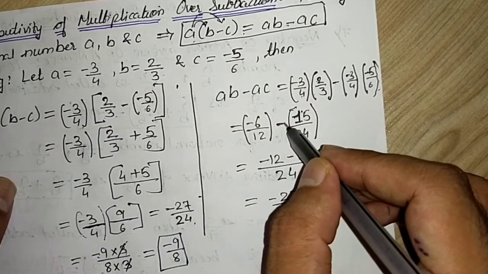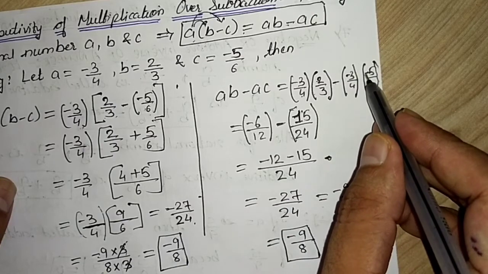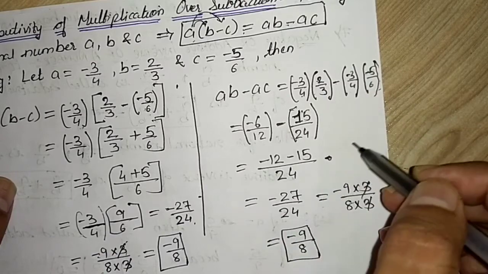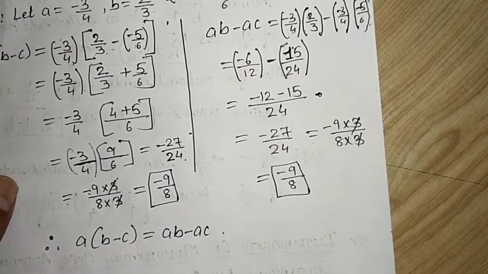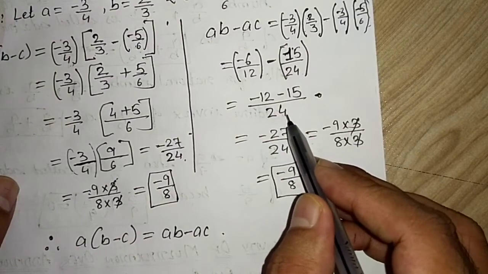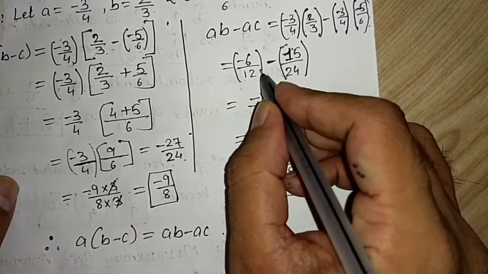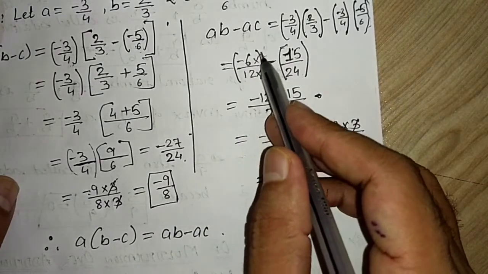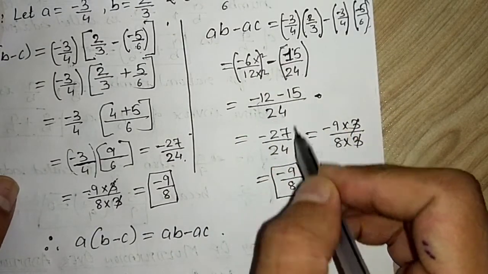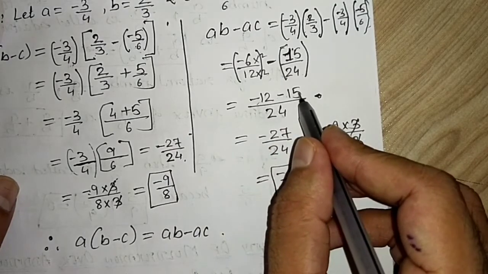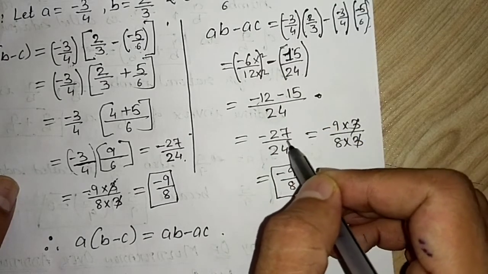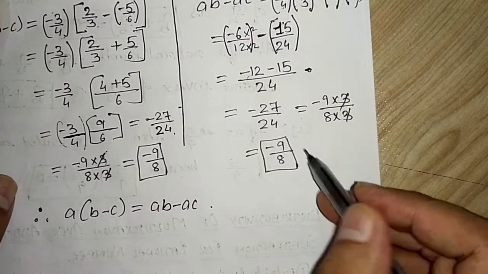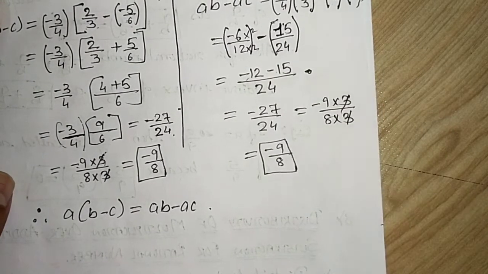This minus sign in between, and then minus into minus is plus, 3 fives are 15 and 4 sixes are 24. Taking the LCM of 12 and 24, it is 24. To make 12 into 24, I multiply by 2, so above also by 2. So it becomes minus 6 into 2 is minus 12, minus 15. Minus 12 and minus 15 is minus 27, which I can write as minus 9 into 3 over 8 into 3. So I get minus 9 by 8.